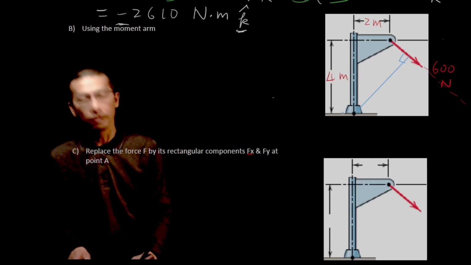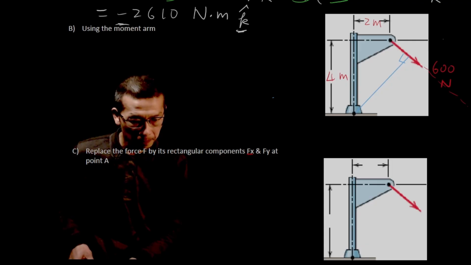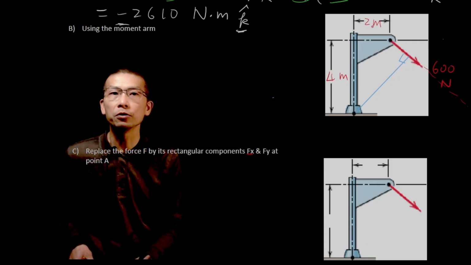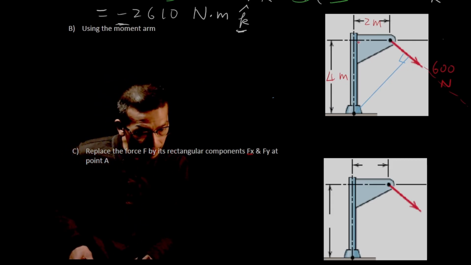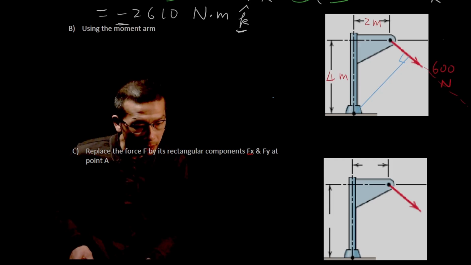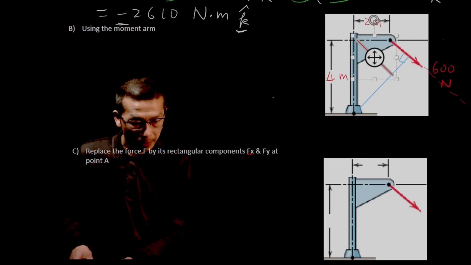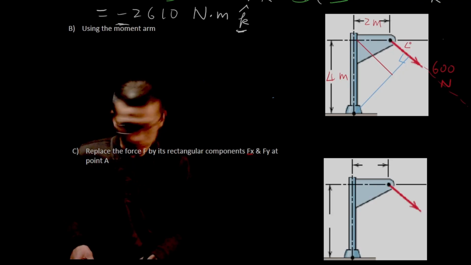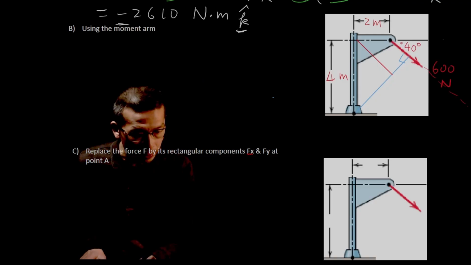Now how do we find the length of the moment arm? Let's use what we know here. We know this is 2 and this is 4 meters. If I draw a line from this point, I divide the moment arm D into 2 sections. And we know this is 40 degrees, which was given right here.